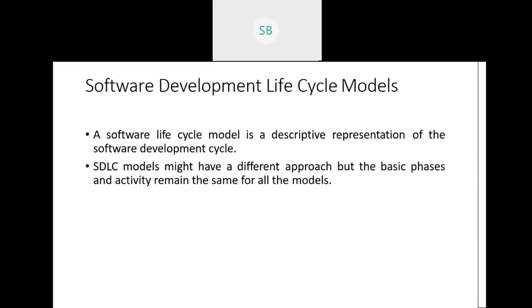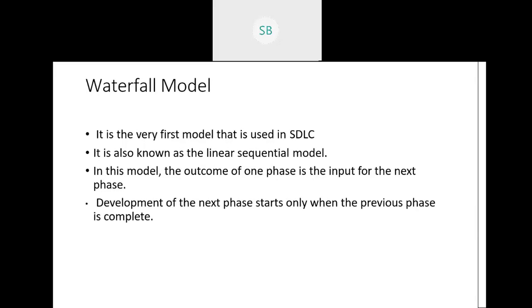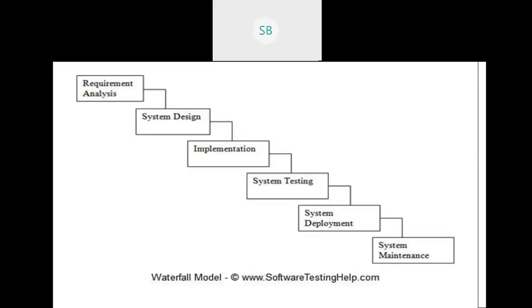So let's go for the waterfall model first. As the name suggests, it looks like a waterfall. After requirement analysis we have system design, then implementation. That is why it is known as the waterfall model.